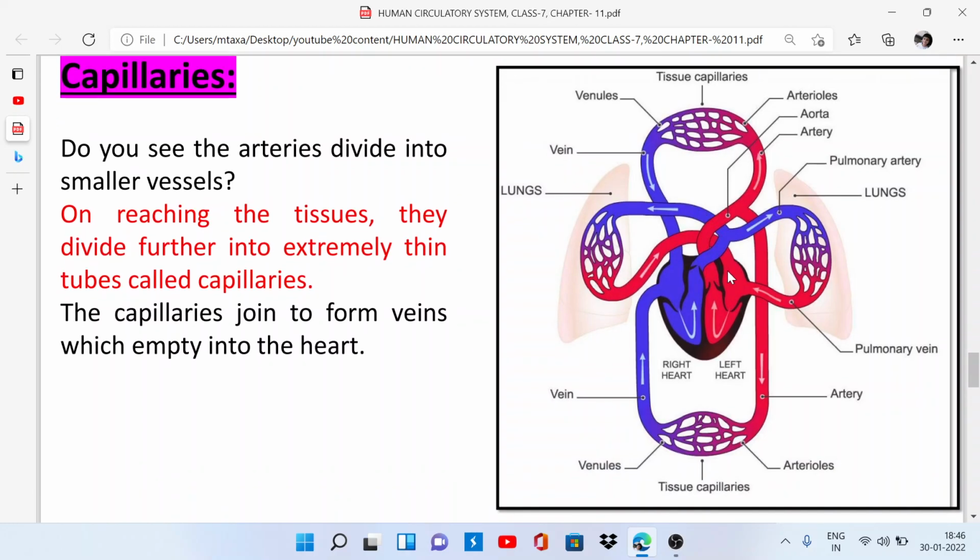Here you can see the aorta is divided into different arteries, and these arteries to the body tissue are divided further into extremely thin tubes. Here you can see them in the upper body part, the lower body part, and also in the lungs. So these are the capillaries. These capillaries join to form the veins which empty into the heart. So this is about capillaries.